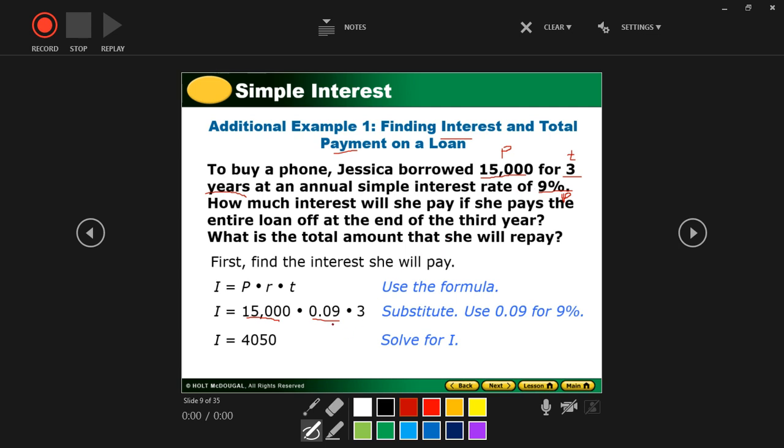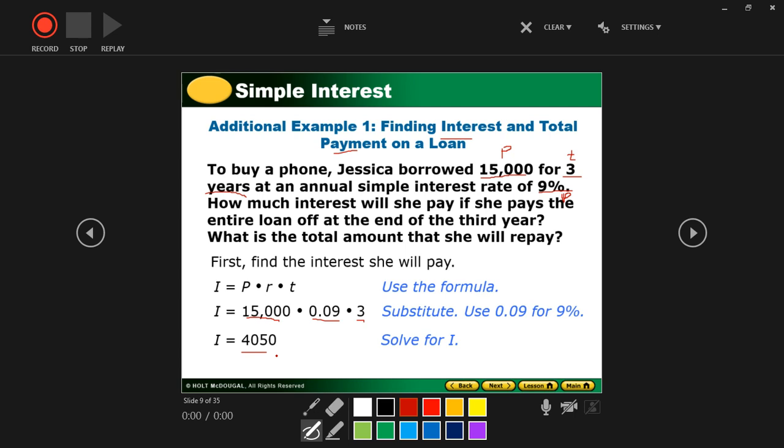To make it 0.09. Then, si T nato, the number of years, that is 3. I-multiply na dayon. 15,000 times 0.09 times 3, that gives you 4,050 pesos. So, after 3 years, amo ini ang tubo sa utang ni Jessica.